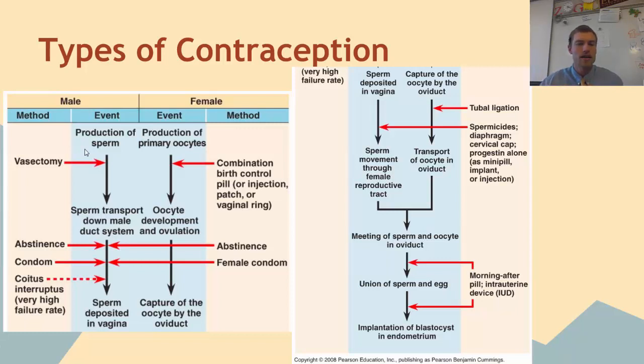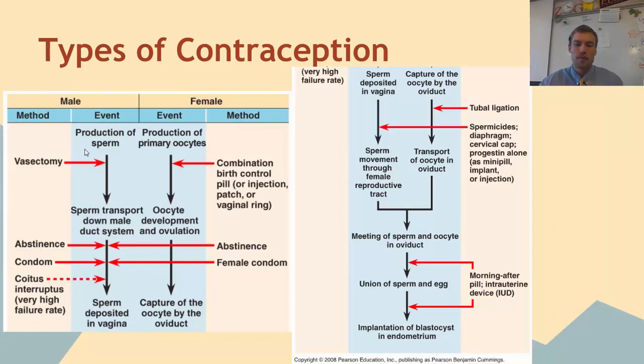You can use a condom, which will obviously prevent the sperm from ever getting to the egg. We can have tubal ligation, which is where the oviducts are blocked off, usually by some sort of tying or cutting. You can use spermicides or some sort of diaphragm or cervical cap that keeps the sperm inside the vagina but does not allow them to move forward.